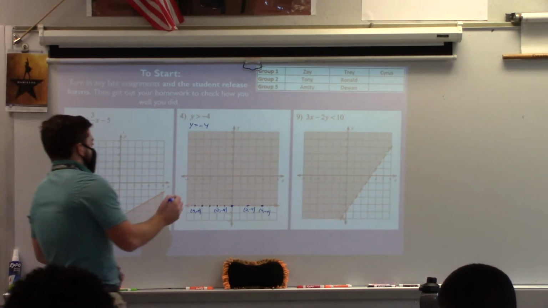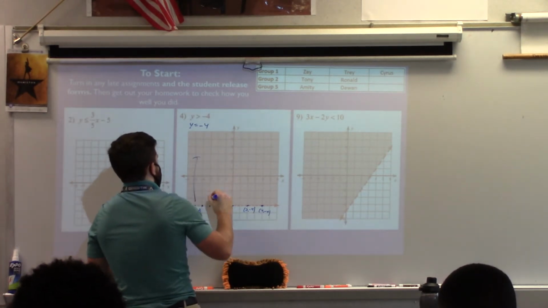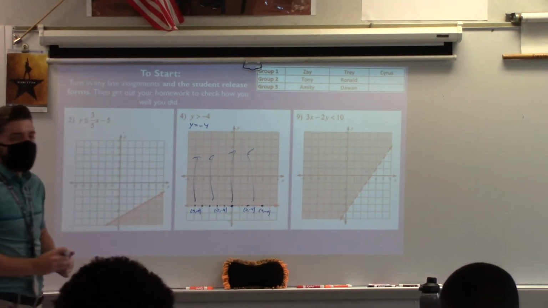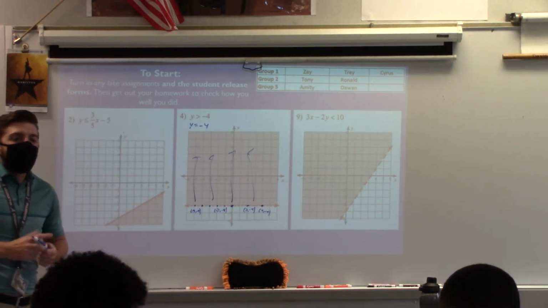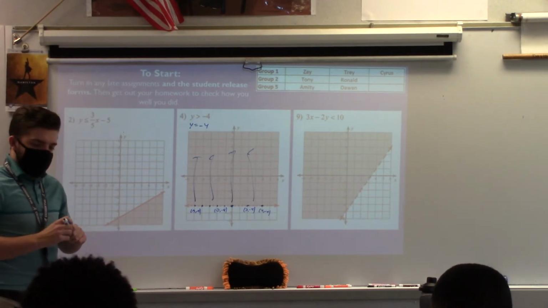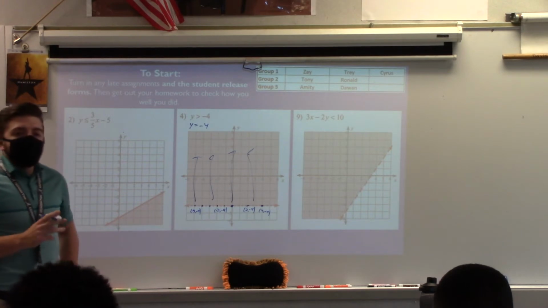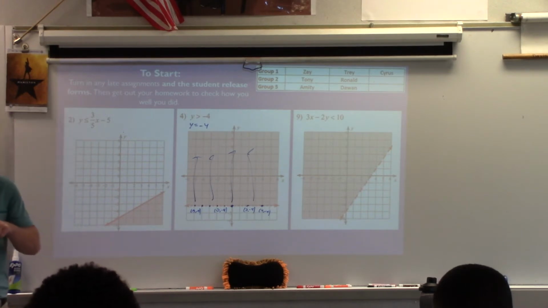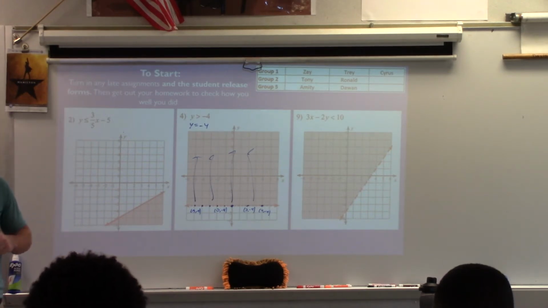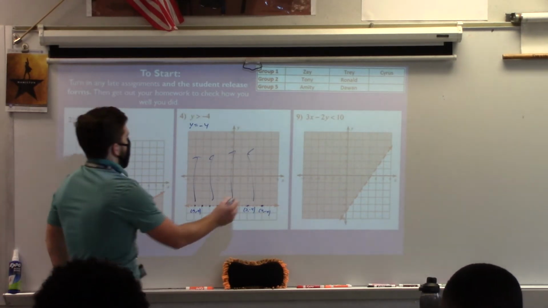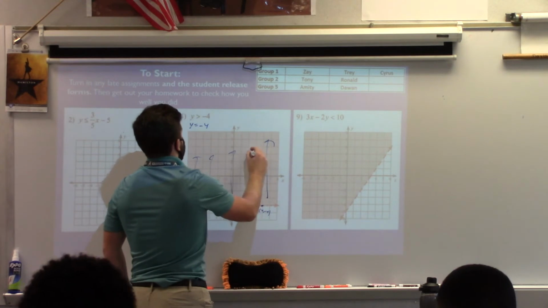So then why is it shaded above the boundary line? What do you think? So we have y is greater than -4.